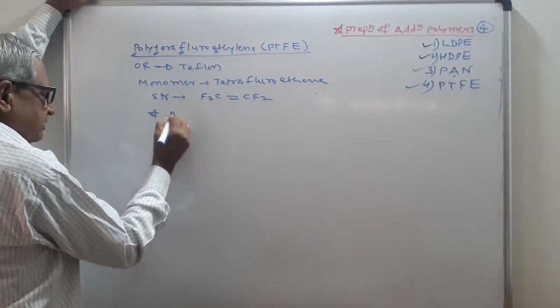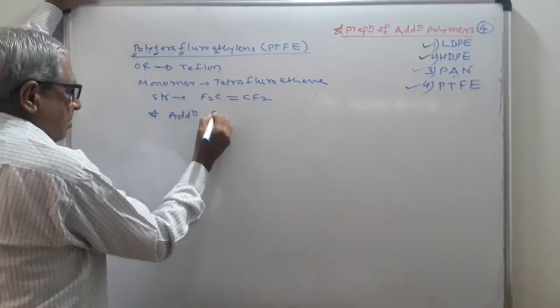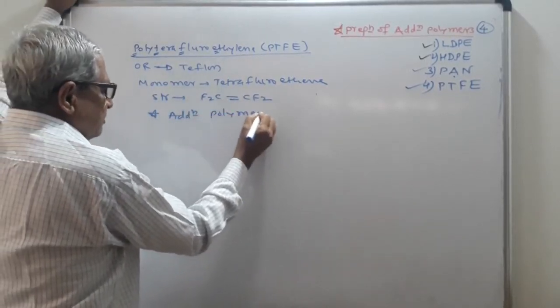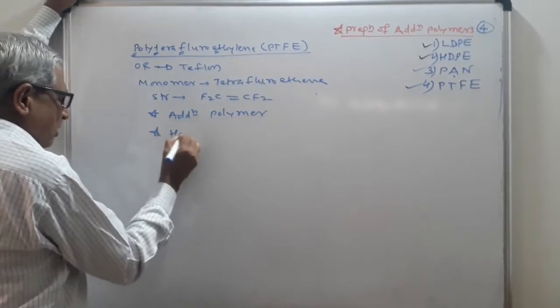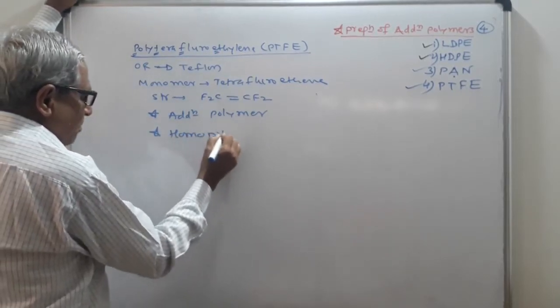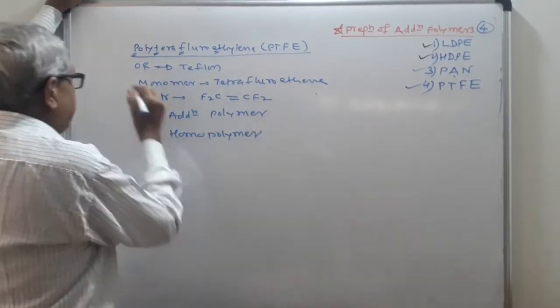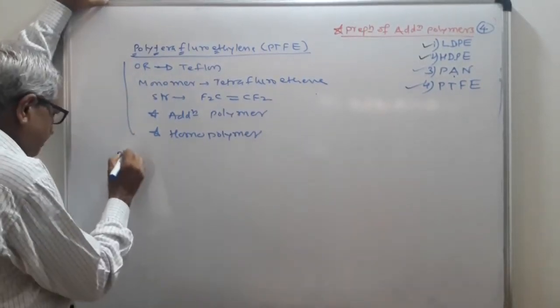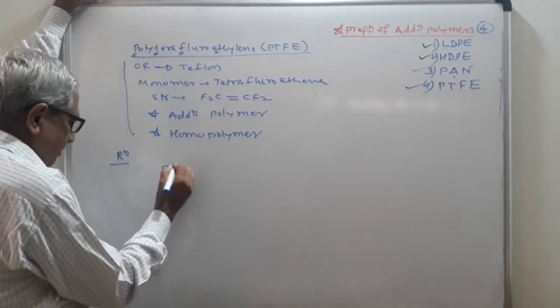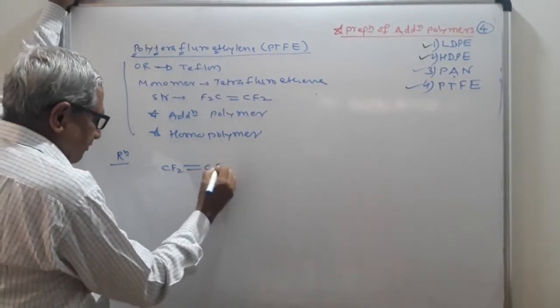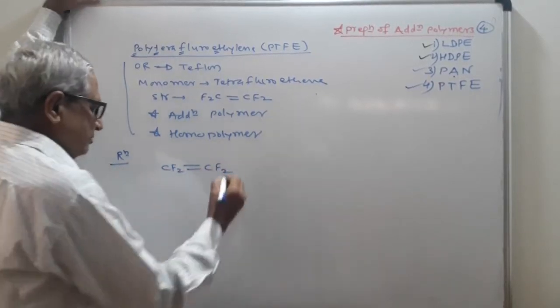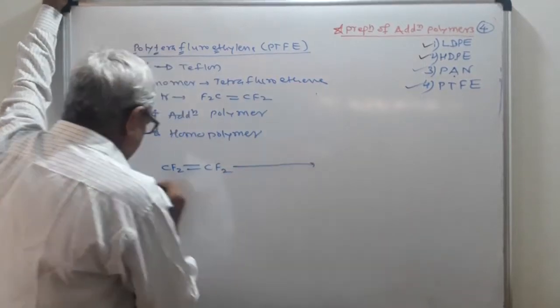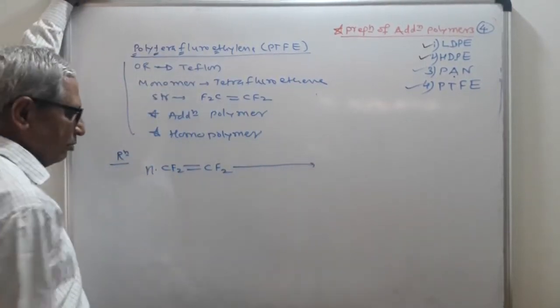This is an addition polymer. Next one, it is a homopolymer. So these are the primary questions only on the title. Reaction: CF2 double bond CF2, tetrafluoroethylene. It undergoes polymerization. You have to take n molecules.